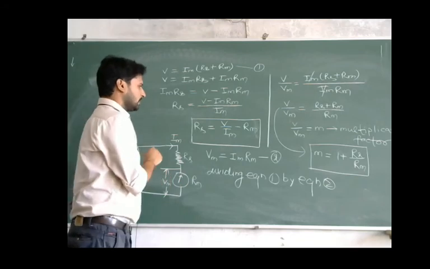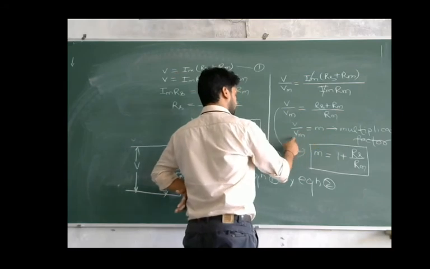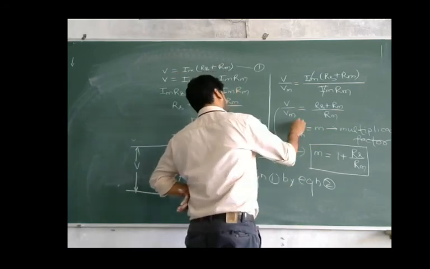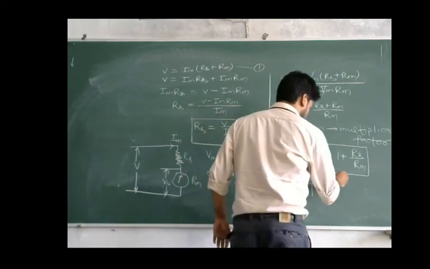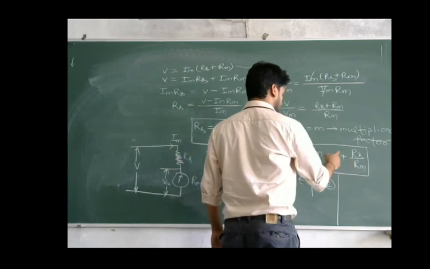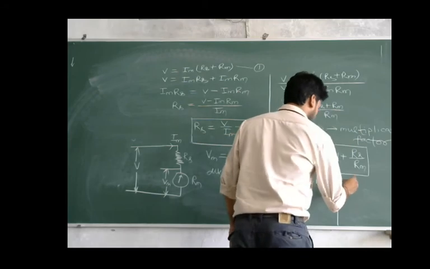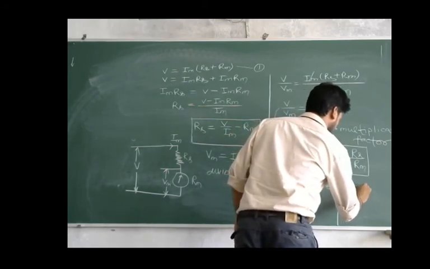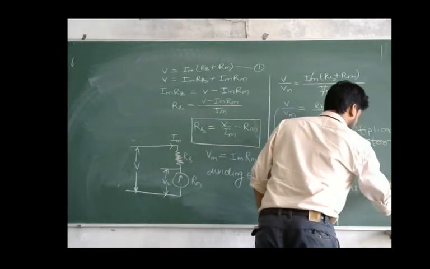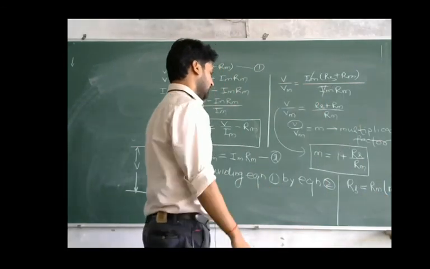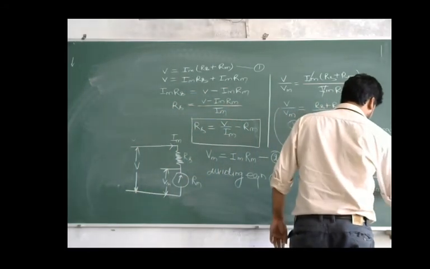Vm is known and m is known, so by multiplying m with Vm, we can find out the value of the total voltage, capital V. Expressing Rs in terms of the multiplying factor, we can write Rs is equal to m minus 1 into Rm.